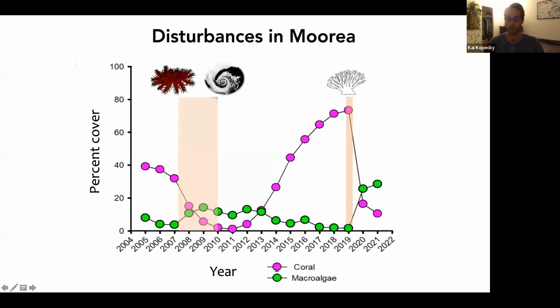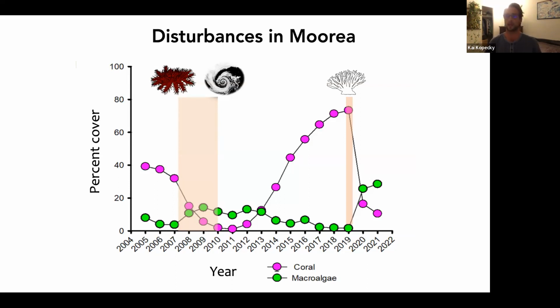Basically, throughout the years, we've seen coral go up and down and up and down, and the same thing with that macroalgae. It's been in response to these different types of disturbances that have happened. This little spiky guy here is one of those crown of thorns sea stars, the things that eat coral. They put their stomachs out over a coral and just dissolve it and slurp it up.